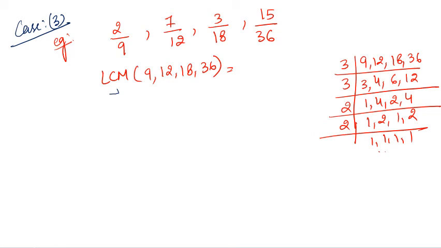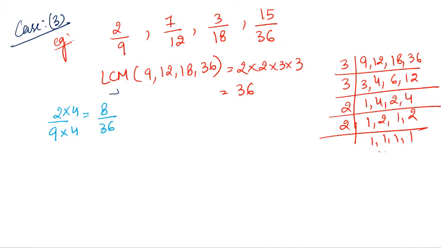So the LCM of these numbers is 2 into 2 into 3 into 3, that is 36. So the denominator of all these numbers, we are going to bring to 36. What exactly are we going to do? 2 by 9. What number should I multiply this by to get 36? With 4, that is 8 over 36.